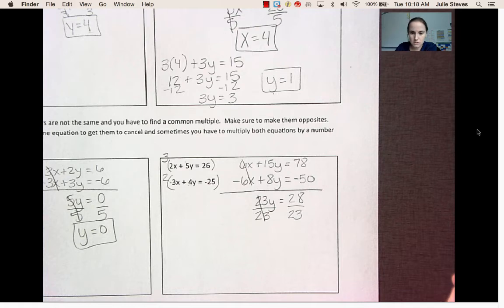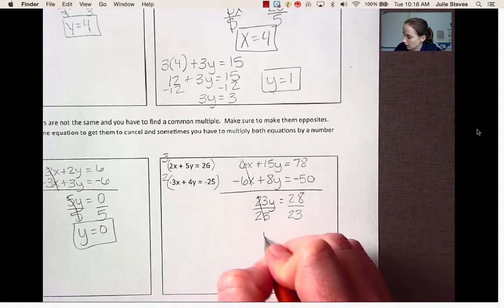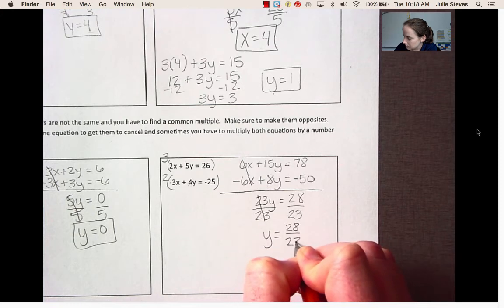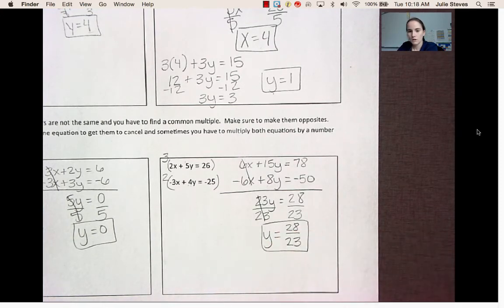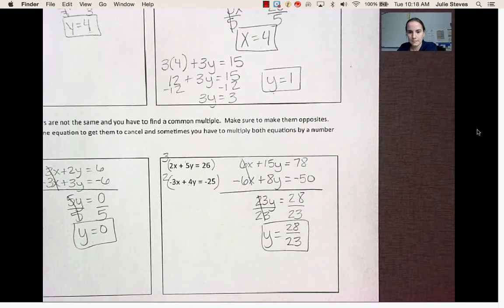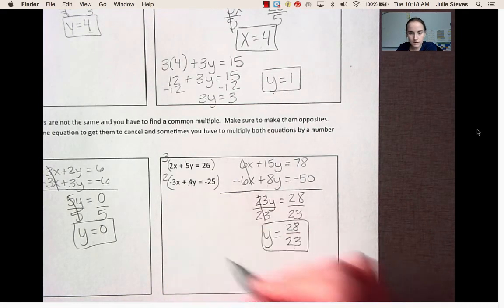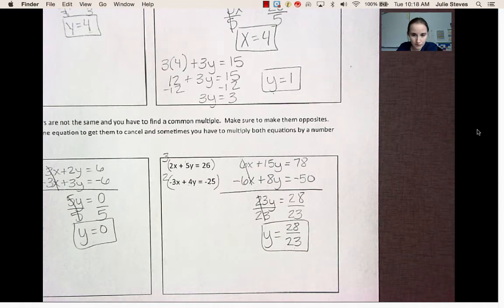We can change this, but it's okay for now. So y equals 28 over 23. Okay, take the y value and plug it back into one of these equations. It's not going to be pretty.